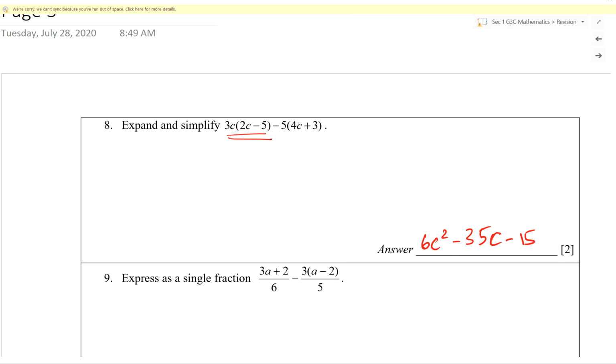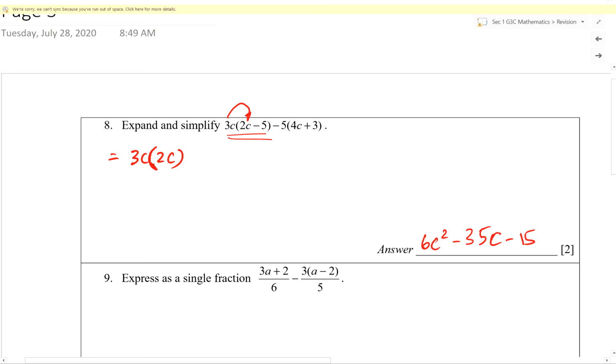Is there something that I can draw to help myself? Can I do this? Okay, so the first thing we have will be 3c multiplied by 2c.